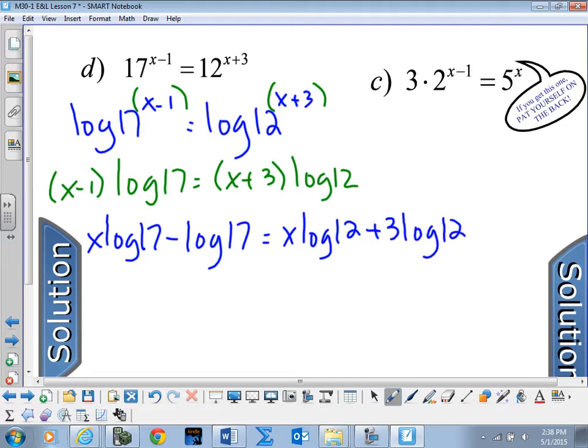We still have two parts on each side with x in them, so I need the x terms to be on one side. Doesn't matter which side you choose. If I choose to move this to the left side, I'm going to subtract.